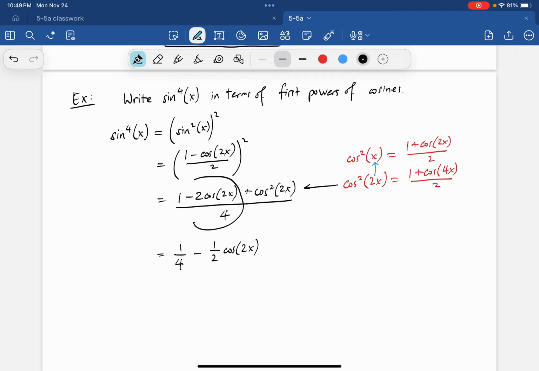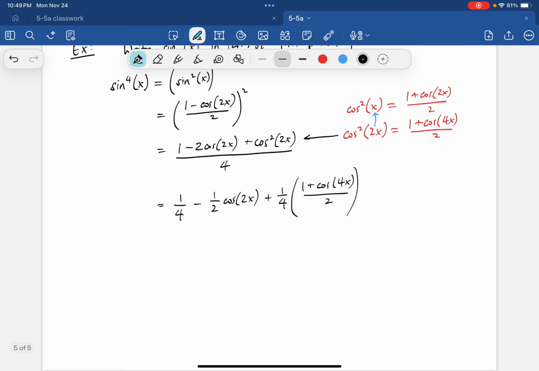All right, divided that -2 by 4. Gives me -1/2 plus 1/4 of cosine squared. All right, 1/4 of cosine squared. But what is cosine squared of 2x? That's right here, right? 1/4 of cosine squared 2x is going to be 1/4 times 1 plus cosine 4x over 2.